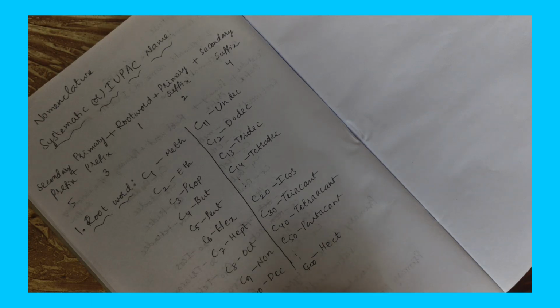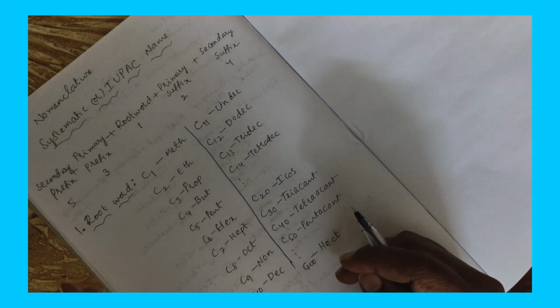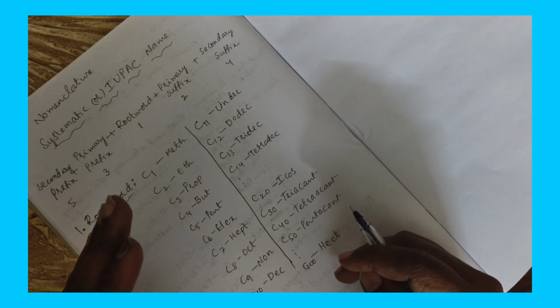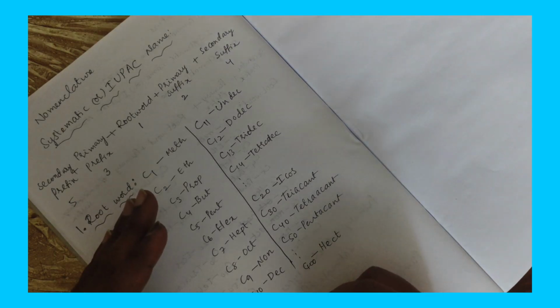Primary suffix. In systematic name, to write the name, we should first identify how many carbons are there in the given formula. Then what we have to do is add the primary suffix. There are especially three primary suffixes.